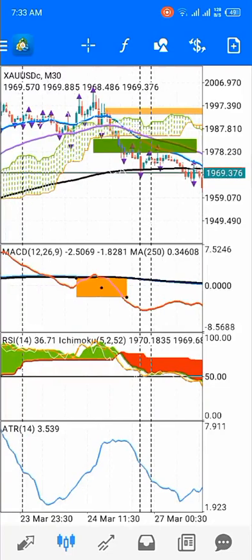So indicator 1 strategy is quite simple. As you have a crossover to the upside, you buy or you look for buying opportunities, and as you have crossover to the downside, you look for selling opportunities.